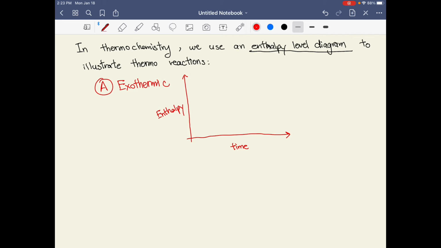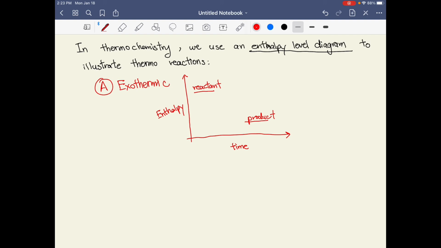Okay? Remember, you can't really figure out what the actual number of an enthalpy is, but you can always start somewhere. So just say your enthalpy of your reactant is right here. This is how much enthalpy you started with. Right there, whatever that is. But what you do know is that at the end of this reaction, your enthalpy of products is down here.